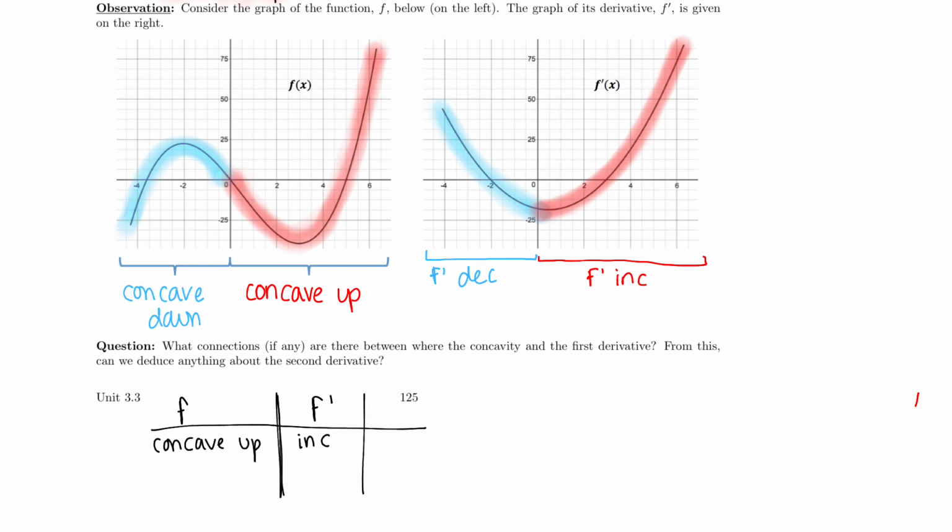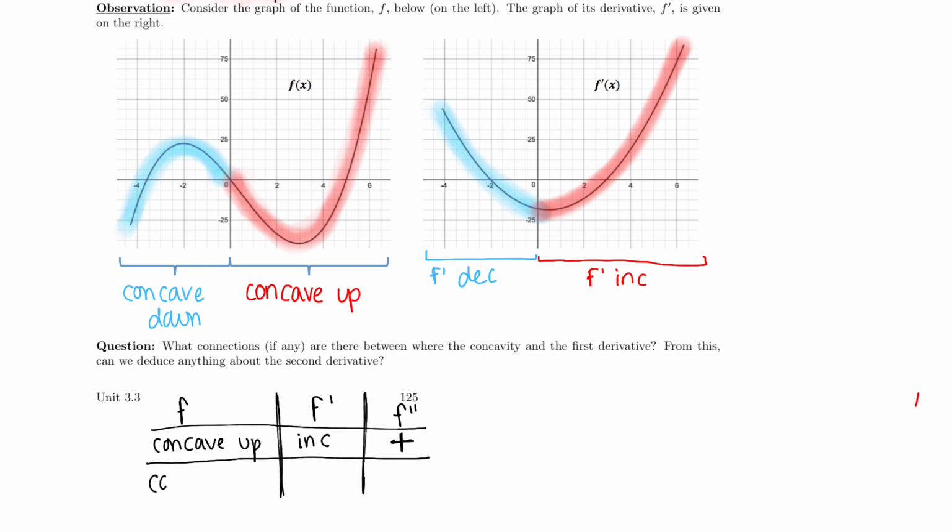And we know when a function is increasing, that means its derivative, in this case f double prime, has to be positive. Right? If a function is increasing, that means its derivative is positive there.